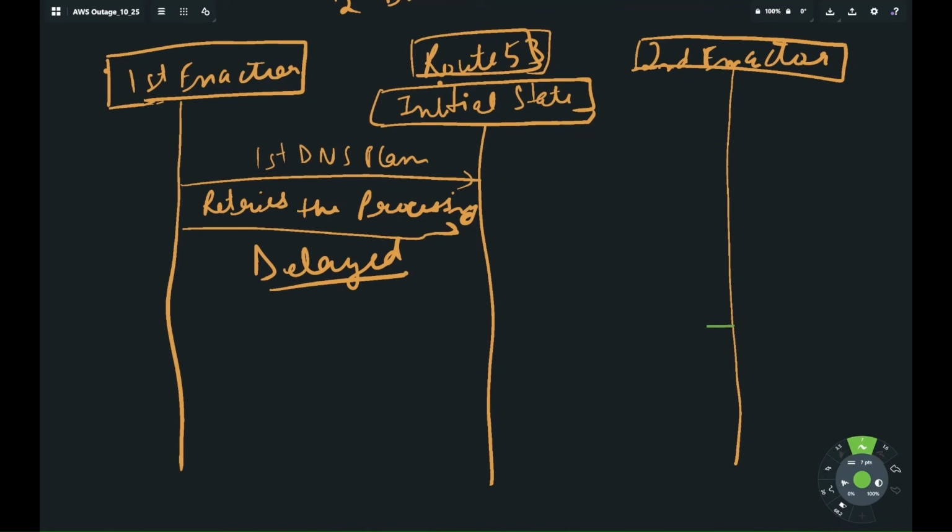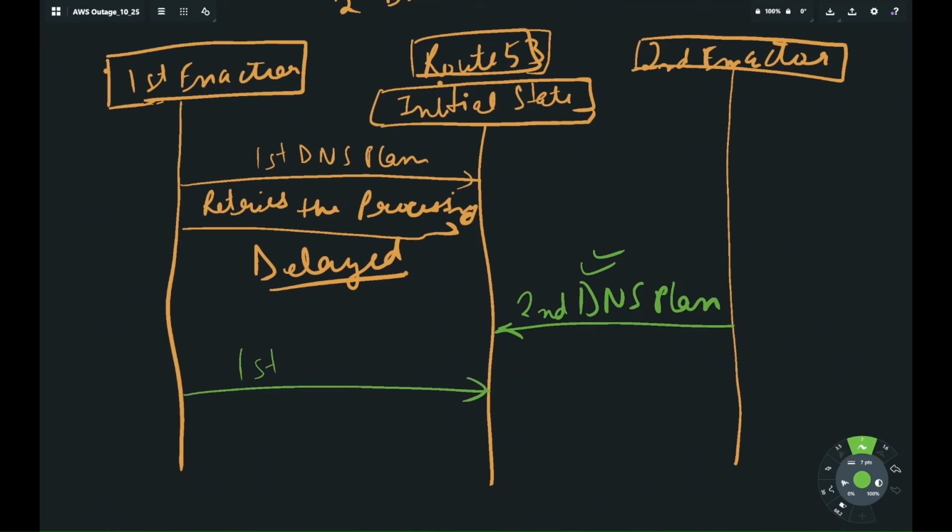Now during that time, a new DNS plan got created by the DNS planner, and the second enactor enacted upon this. So it started applying the second DNS plan, and it was successful. Now after this plan was applied and it was successful, the first enactor finished applying the DNS plan and overwrote the second DNS plan.